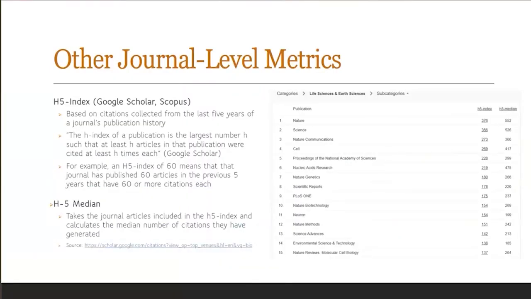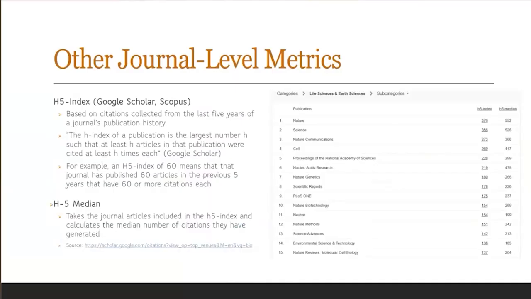The H5 index looks at the last 5 years of the publication's history. So an H5 index of 60 means that the journal has published 60 articles in the previous 5 years that have 60 or more citations each.